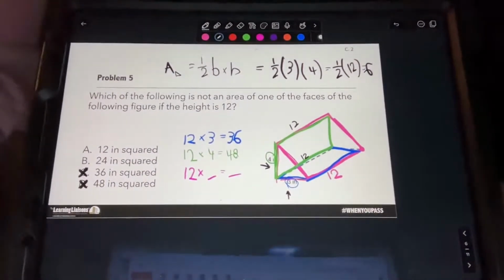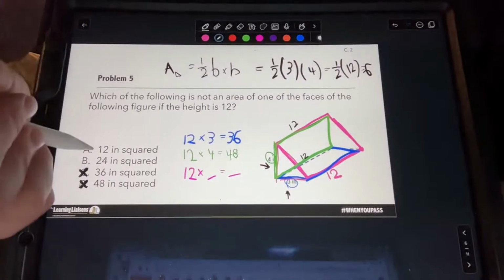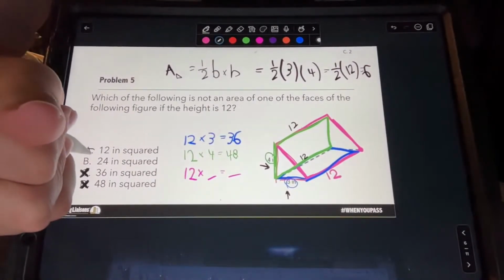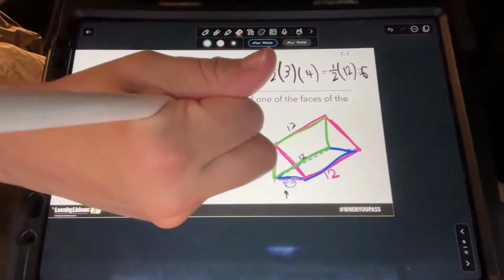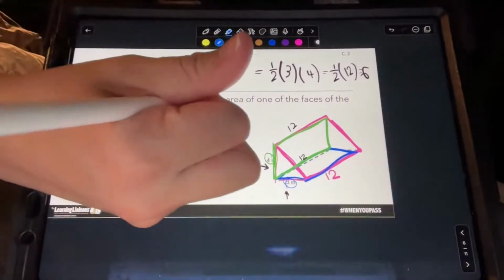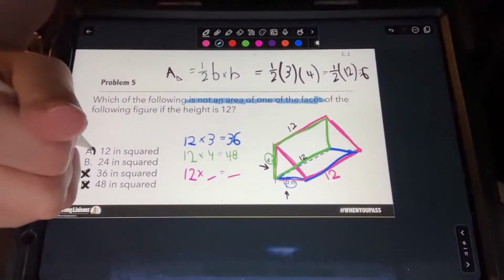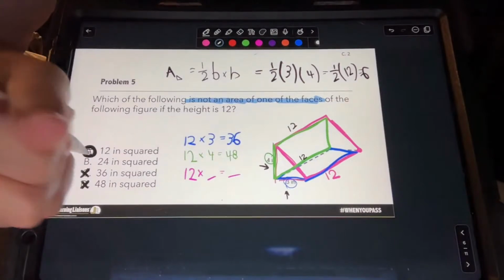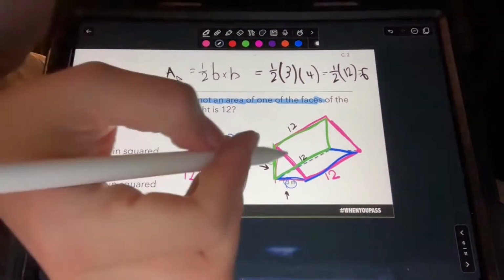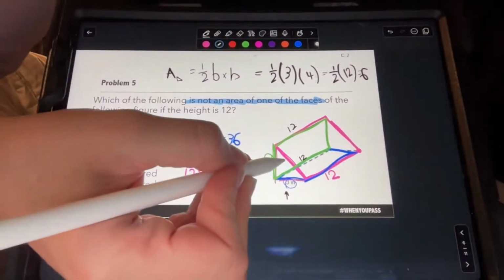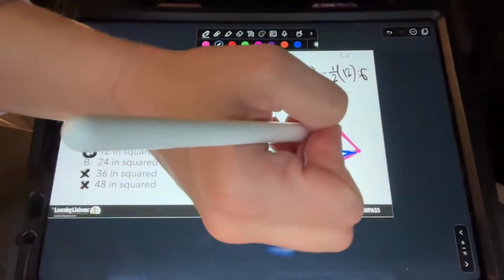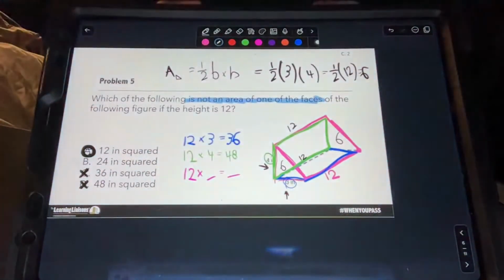Which I realize there's two answers here because which is not an area of one of the faces? 12 is definitely not an area of a face because the area of this triangle is 6, which means the area of this triangle is also 6.